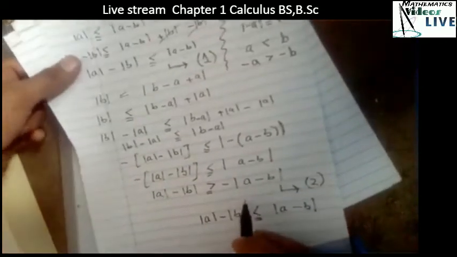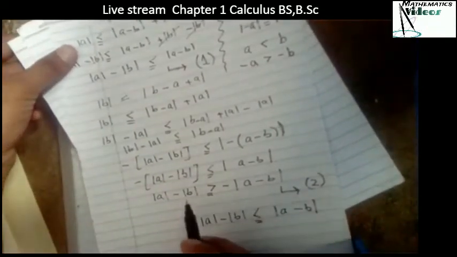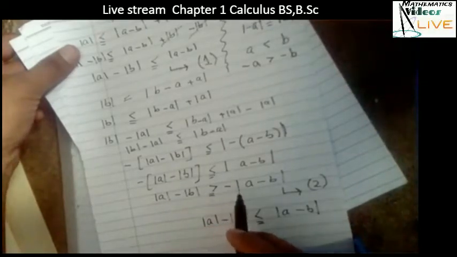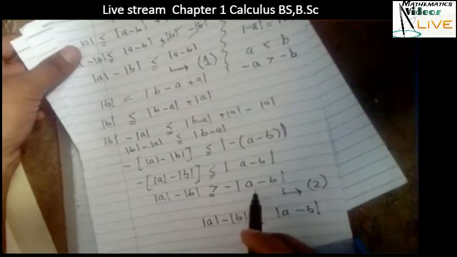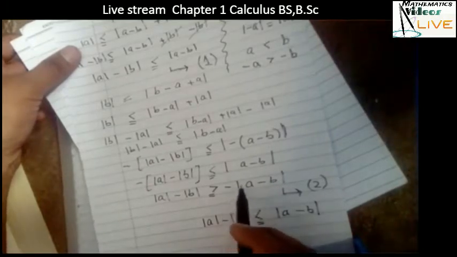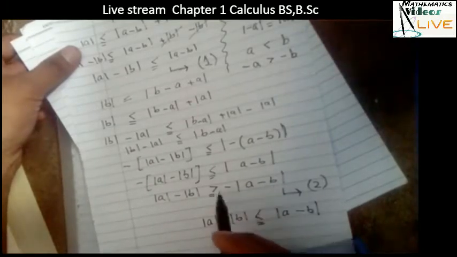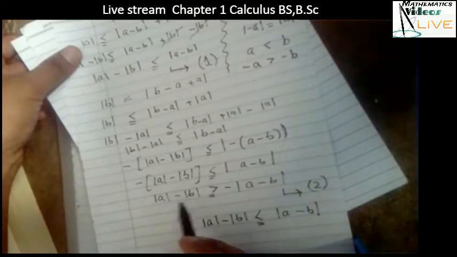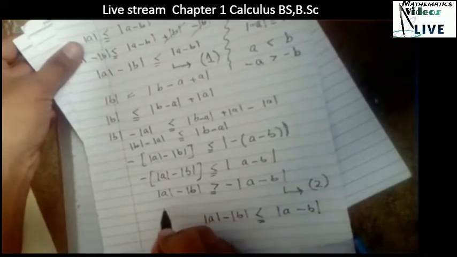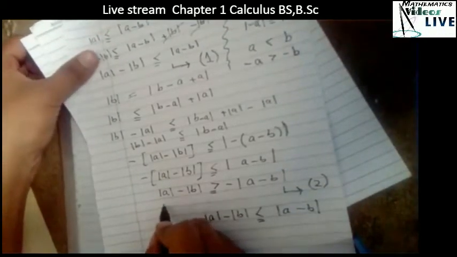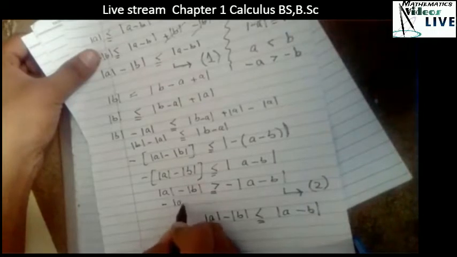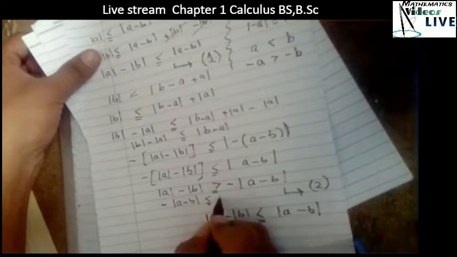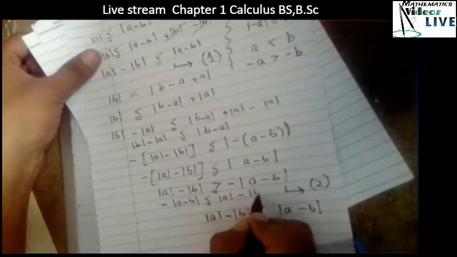And in this equation it is written that mod of a minus mod of b is greater than or equal to negative times a minus b, or you can also write that minus a minus b is less than or equal to mod of a minus mod of b. This can also be written as negative of a minus b is less than or equal to mod of a minus mod of b.